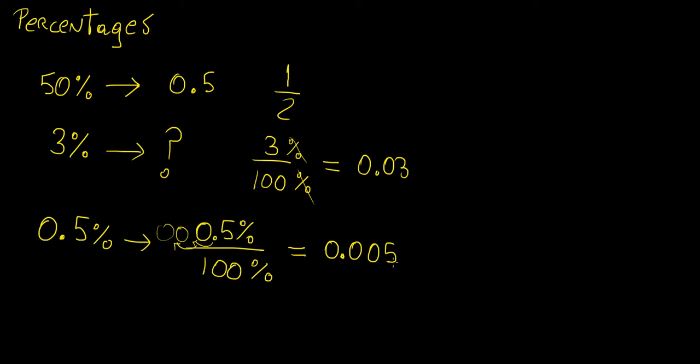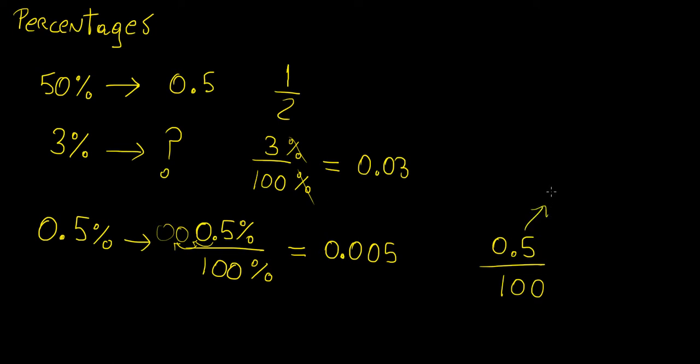Alright, if you wanted to express this in terms of a fraction, then what you would do is you would have to start from here. So you have 0.5 over 100. Now obviously as a fraction you need to express both the numerator and denominator as a whole number. So you need to find out how we can multiply this by a certain number such that the top becomes a whole number.